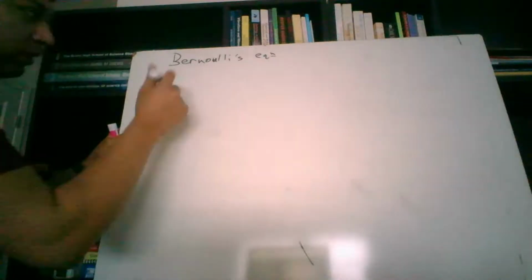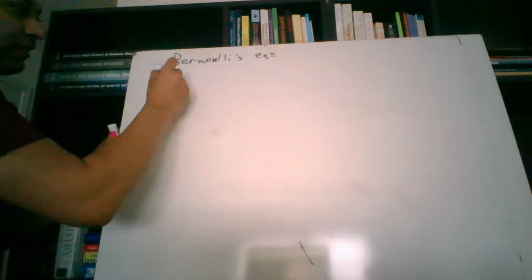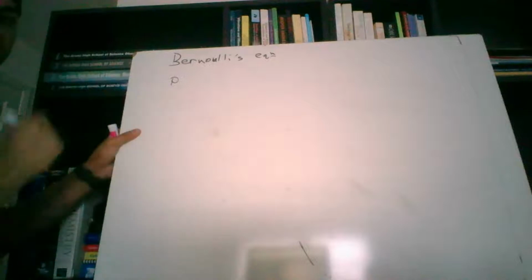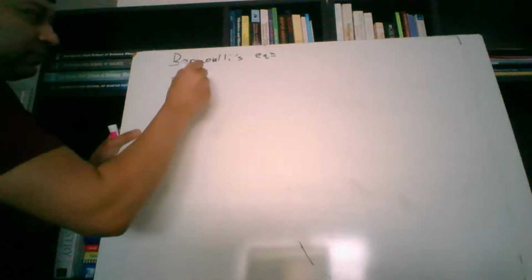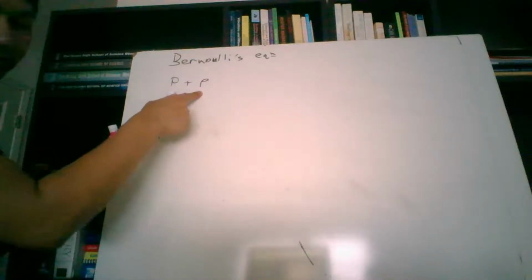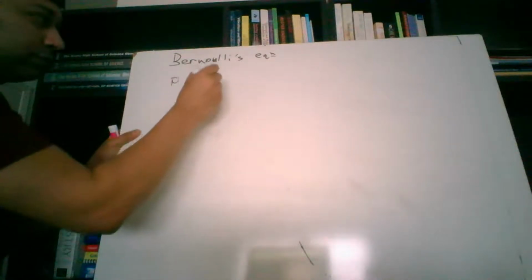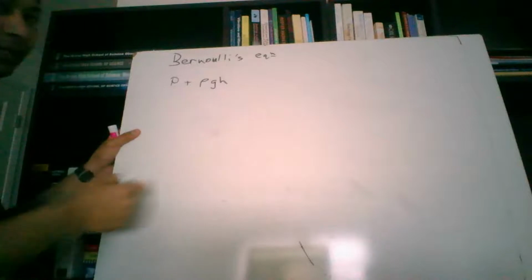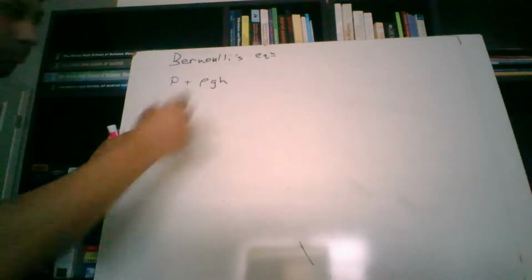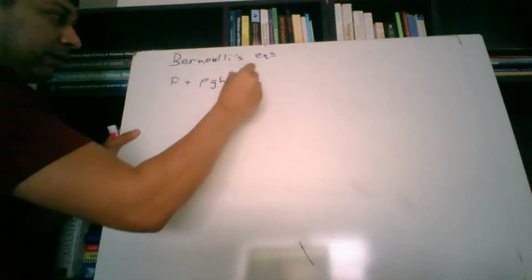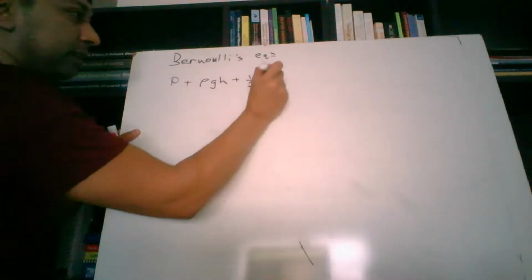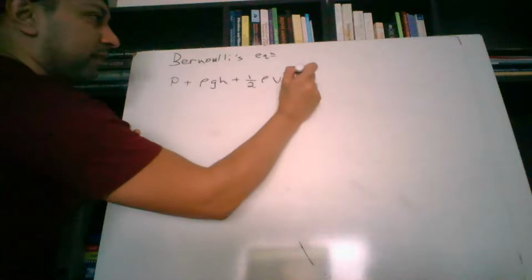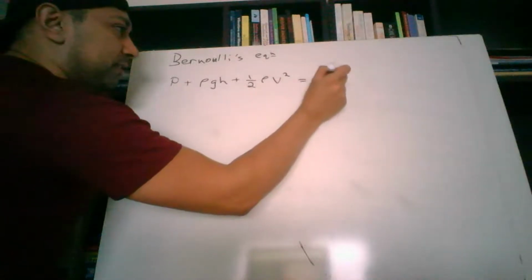So what is Bernoulli's equation? It is that the pressure, P, the pressure in the fluid, plus the density of the fluid times g times h, which is gravity times the height, plus 1/2 the density times the velocity squared is equal to a constant.